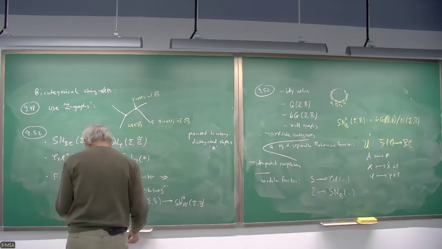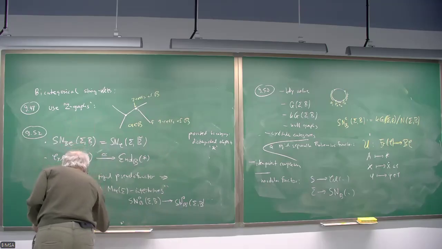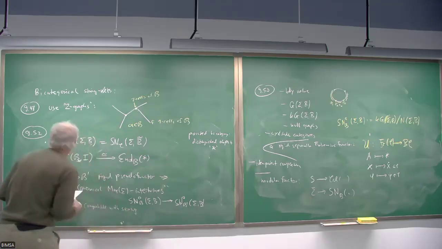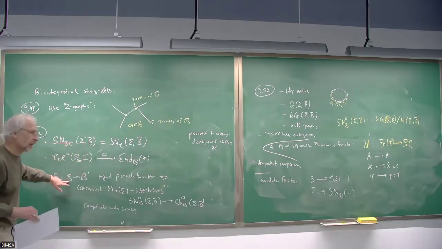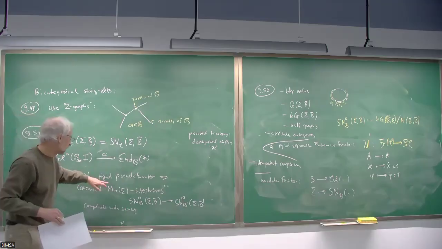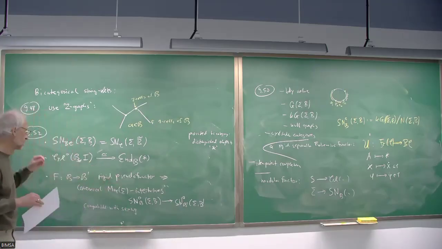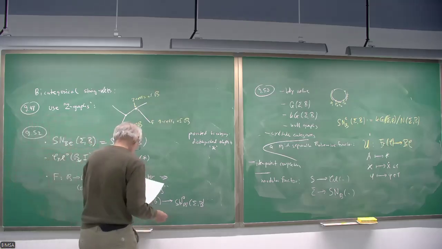And also the collection of all of these is compatible with gluing. So that means for the result of the construction, the bicategory B is relevant only up to rigid pseudofunctors. So we get just the same results.